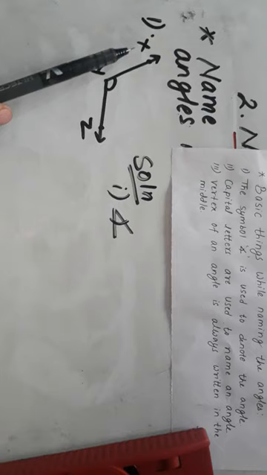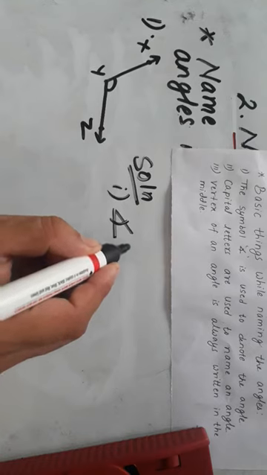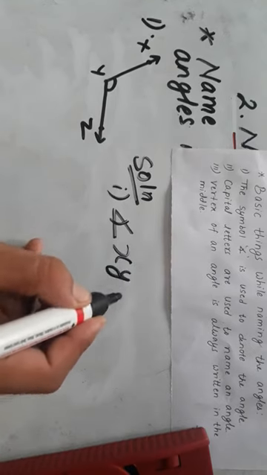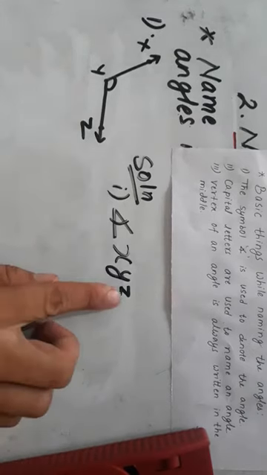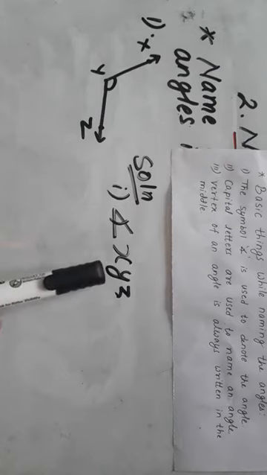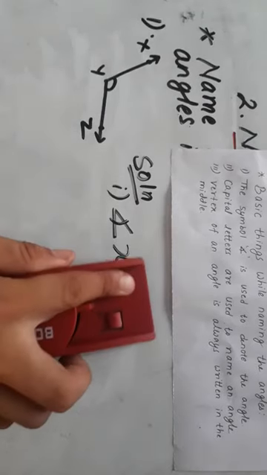As you can see in the question, there are capital letters too. If you write x like this, y like this, and z in this way, it will be wrong. You are not supposed to use a small letter. Always you should use capital letters.